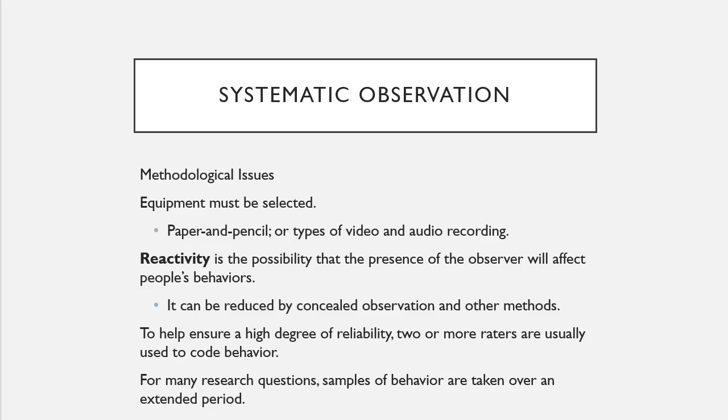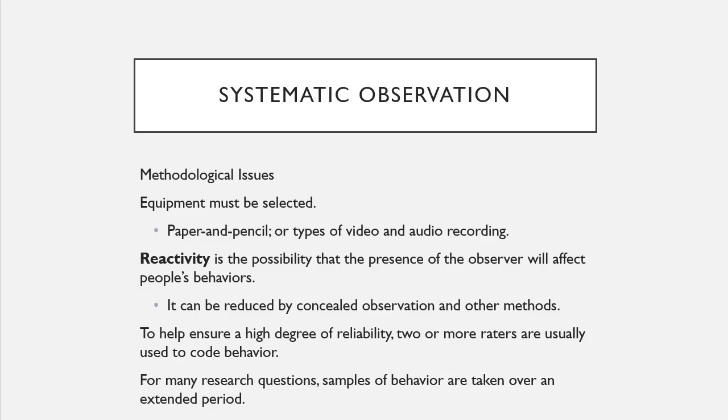So generally, with reactivity, we need to allow people the understanding that the results are confidential. They're going to remain private and things like that. But reactivity is still an issue. Usually, if somebody is sitting there with pen and paper taking notes, the people who are being observed are less likely to be reactive.